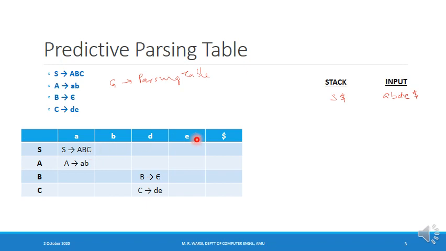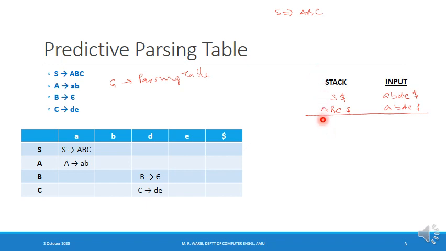So I expand capital S to ABC, and the buffer continues to hold abde dollar. If I see this from the derivation point of view, I started the derivation from capital S, and in the first step I expanded capital S to ABC, so this is the sentential form that we have obtained.